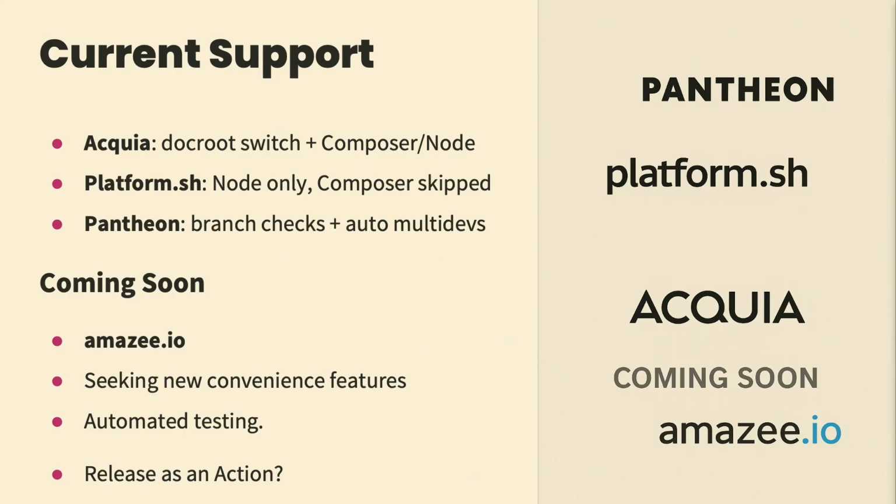Okay, so I'm using this with real projects now, and I've been using a less polished predecessor at Kalamuna for some time. We currently recognize and have default settings for 3 hosts, and I hope to figure out a good setup for Amazee soon. Amazee is a little bit trickier because they start out using GitHub, so I'm trying to figure out how we can integrate it in a way that will still make the other ones easy and add some benefit if you have an Amazee setup.